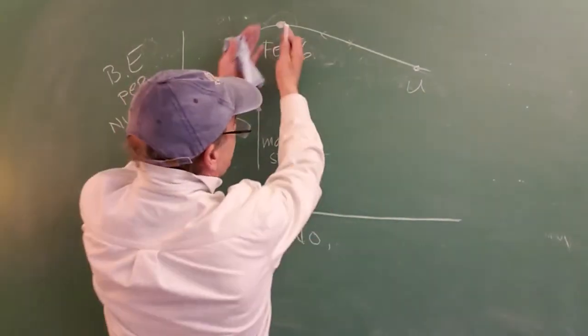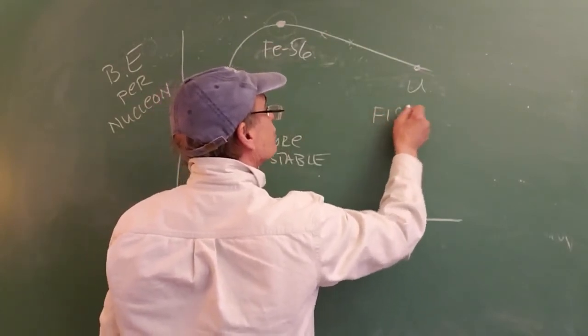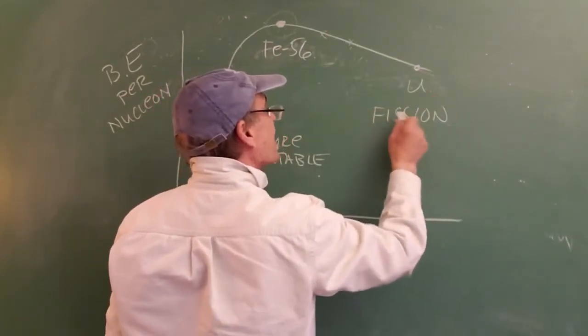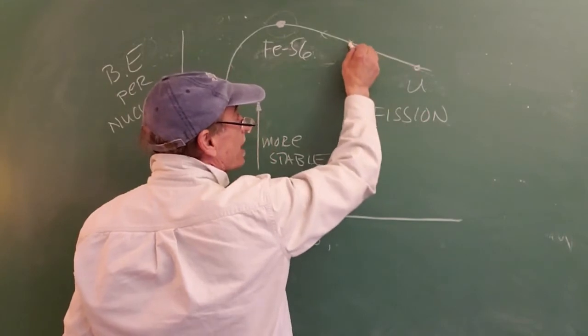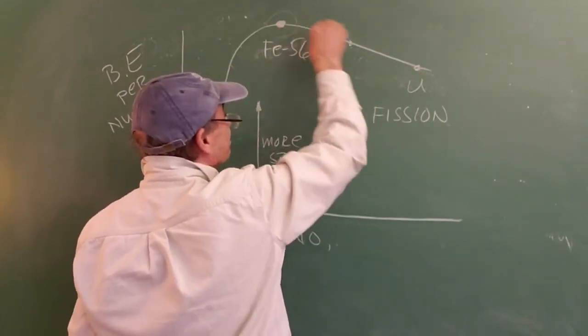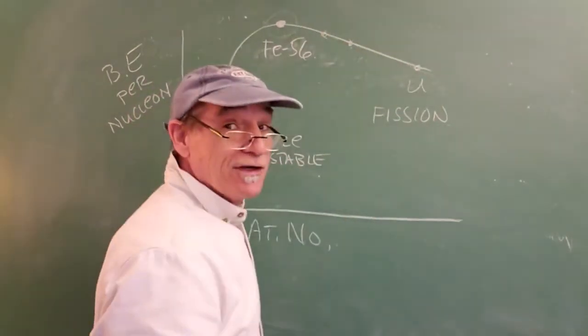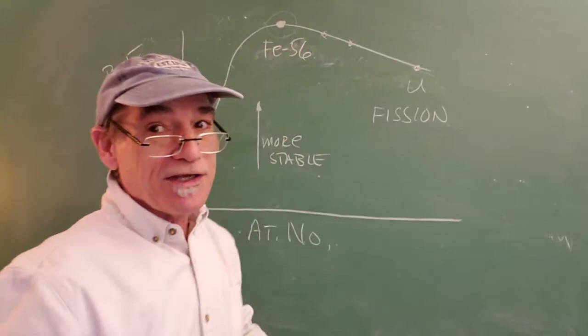So anything north of iron-56 is a good candidate for a fission reaction, where you split an atom into two smaller atoms. Those smaller atoms, as long as they're on the north side of iron-56, are going to be more stable than the uranium was. Consequently, that energy gets released.